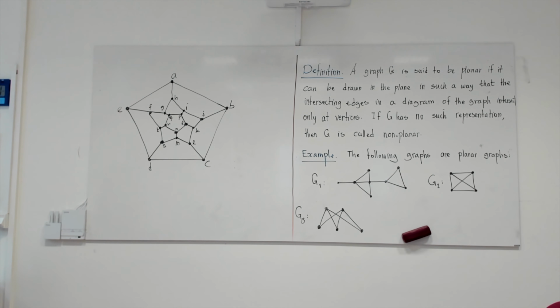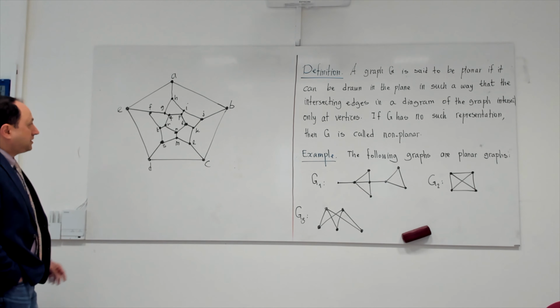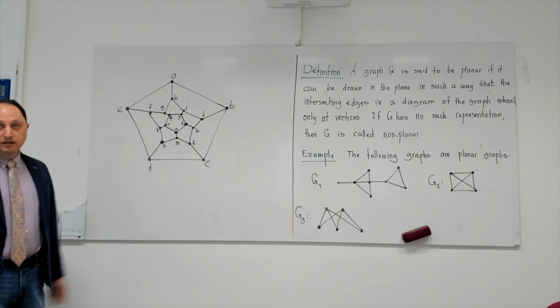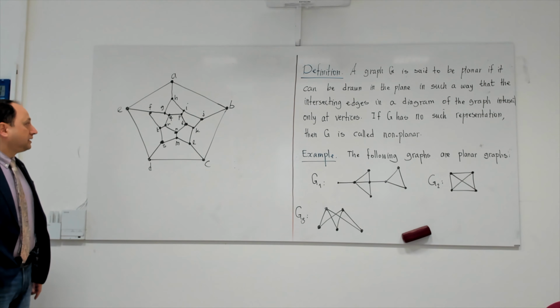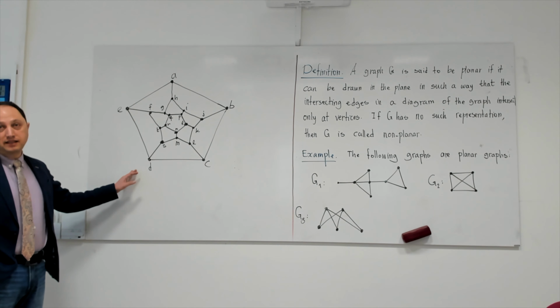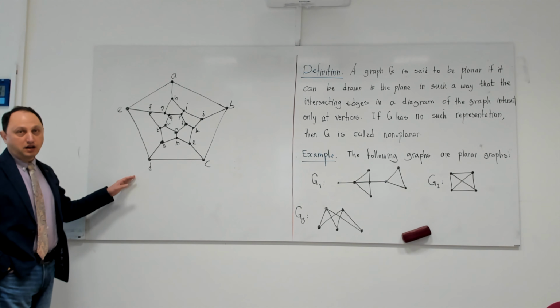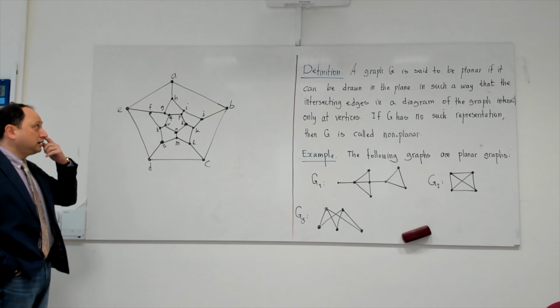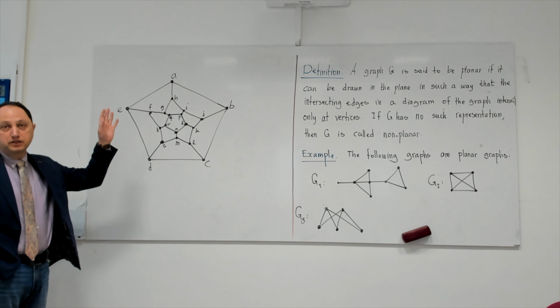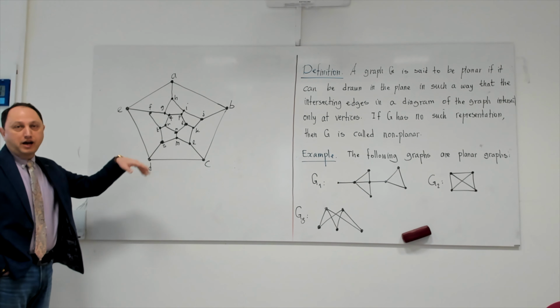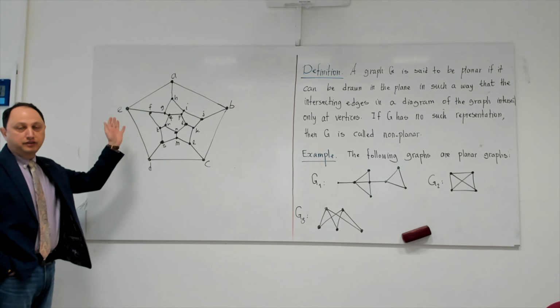So if you remember, last time we talked about Hamiltonian graphs. A Hamiltonian graph is a graph that contains at least one Hamiltonian cycle. And a Hamiltonian cycle is just a cycle. Cycle means that you start from a point on the graph and go around the graph on the edges and vertices.